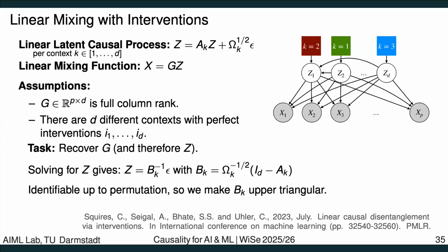We want to identify this B, which is the reverse or compact representation. Because it might be a bit ambiguous up to permutation, we just assume that this B will be upper triangular.